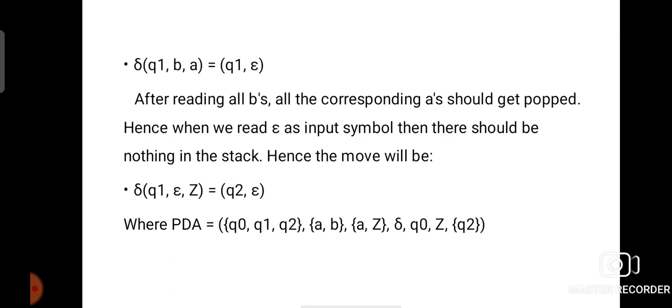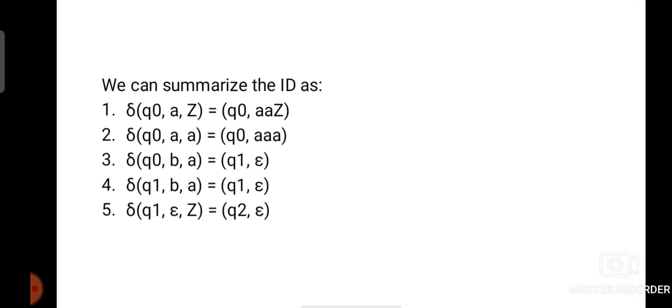And finally we can summarize the IDs, that is, we can summarize the set of state transition functions for the given PDA as a result. Already we have talked about the state transition functions, and one more time we have summarized all the IDs, that is, how the state transitions are performed from Q0 to Q2, whatever is happening by the consumption of A's and B's.